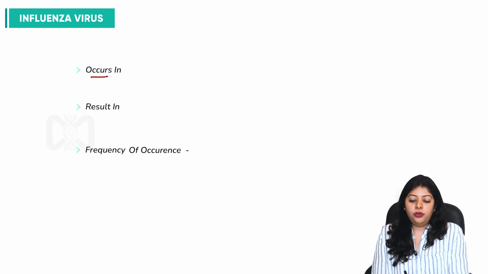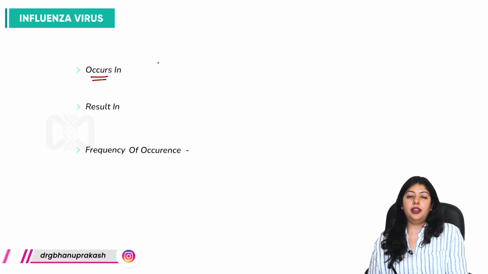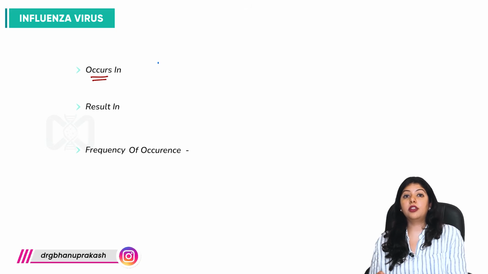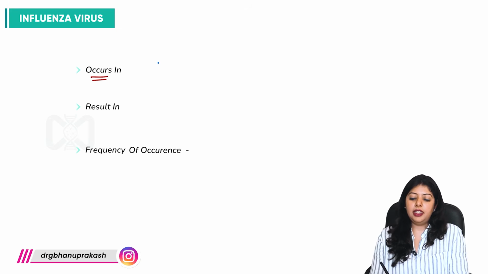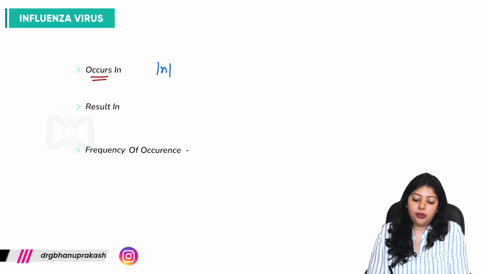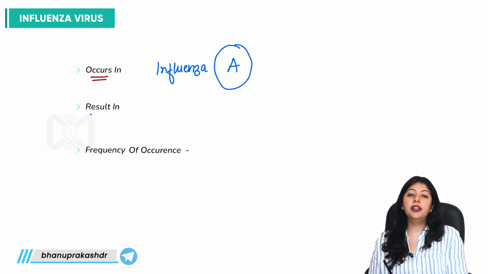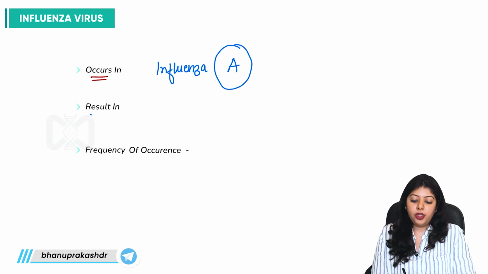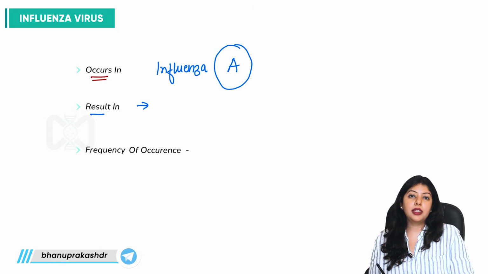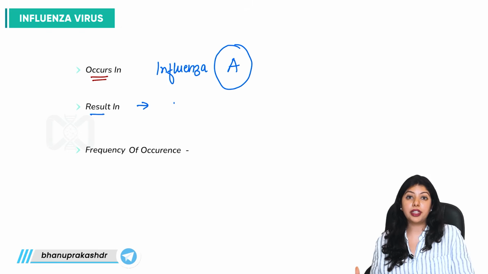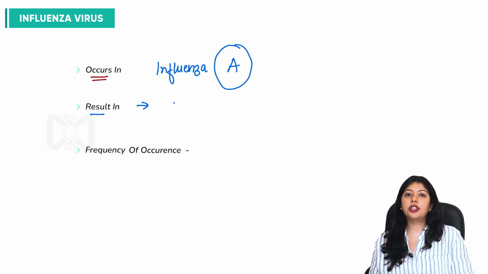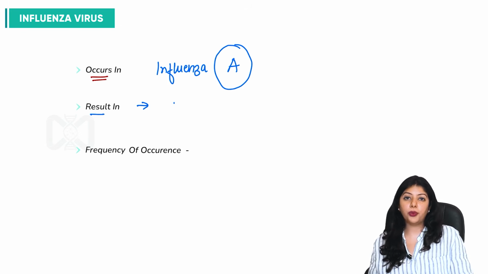So now the most important question, which virus genera is associated with this major drastic change? It is only and only Influenza A. Influenza A is only associated with antigenic shift, which results in, now we have already discussed that major change is occurring, major variation is occurring, which is leading to formation of a totally new virus.